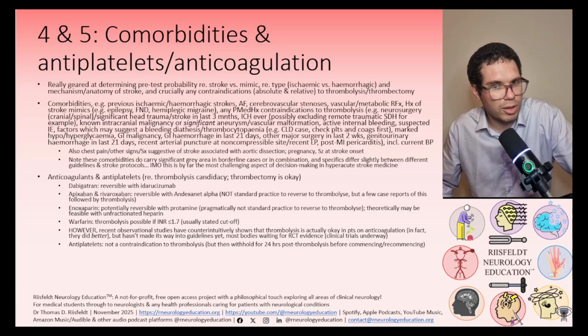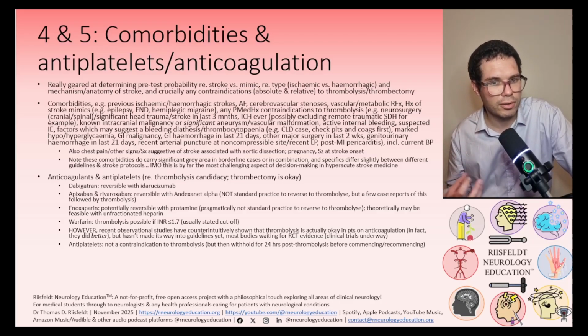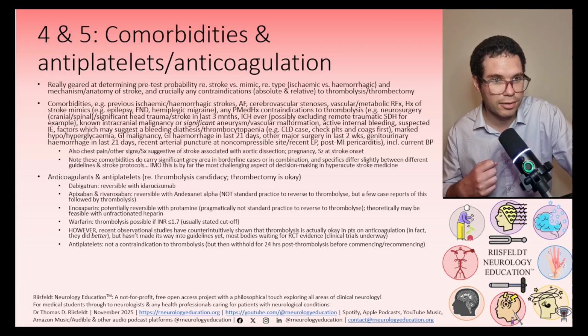So it's always important to check platelets and coagulation profile if there is a suspicion of an underlying bleeding diathesis or a condition that could be associated with a bleeding diathesis.